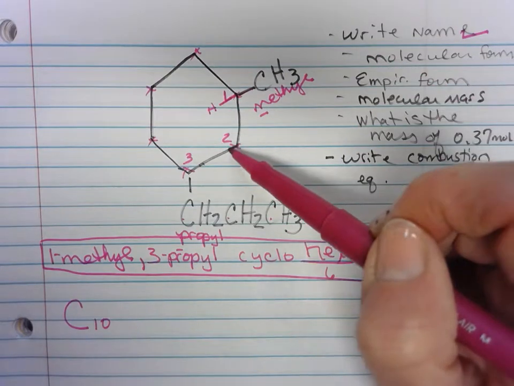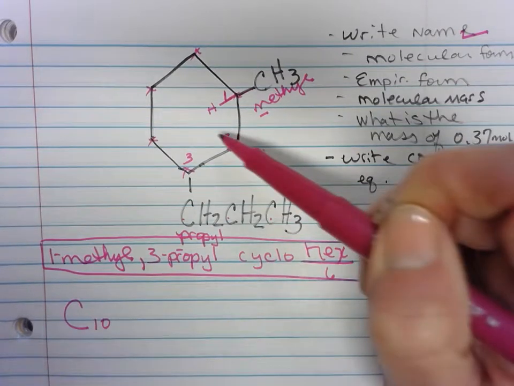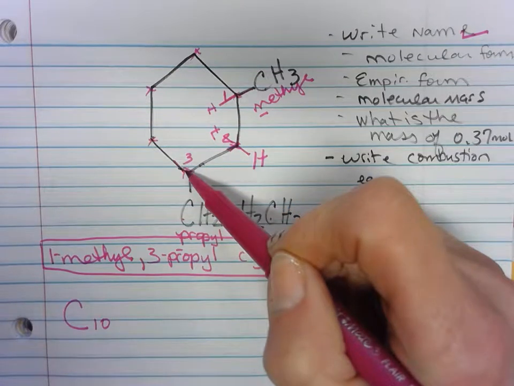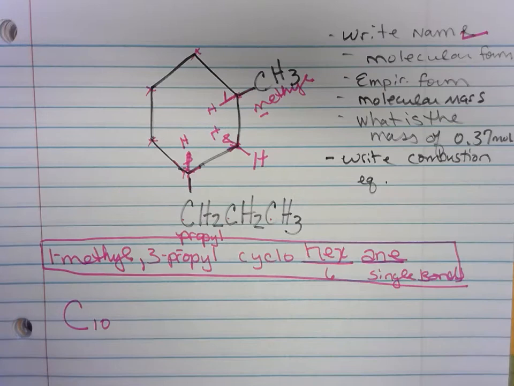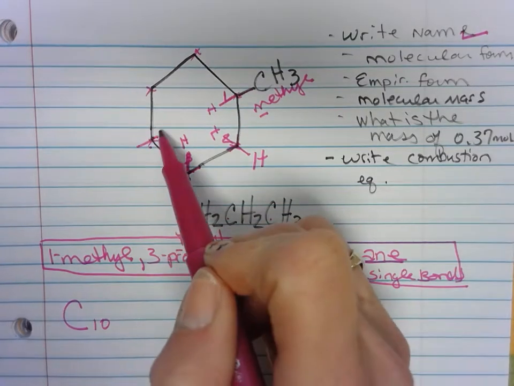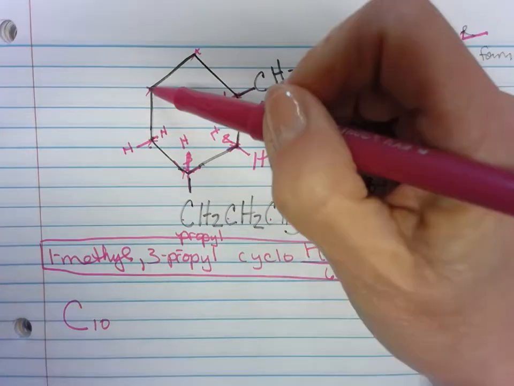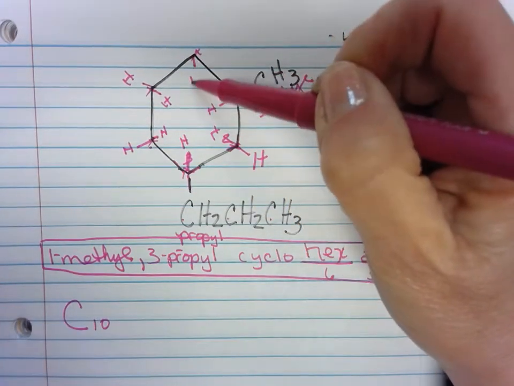This one has 2 bonds, so I can put 2 hydrogens on it. This one has 3 bonds, so I can put a hydrogen right here. 2 bonds, so I can put 2 hydrogens to make 4. 2 hydrogens and 2 hydrogens.